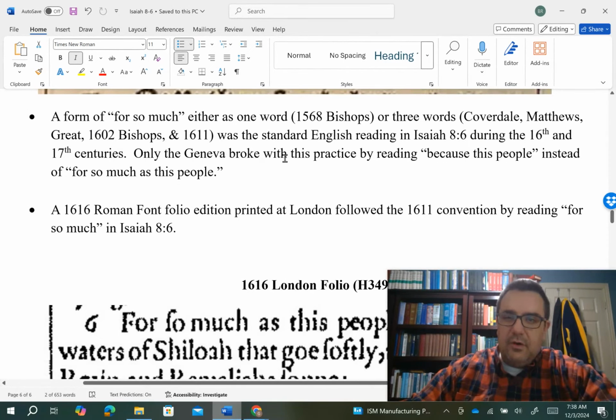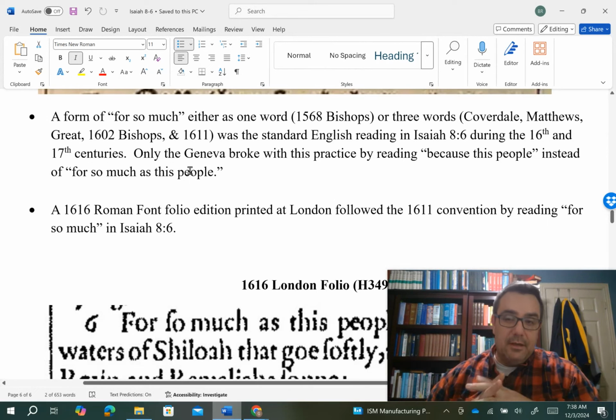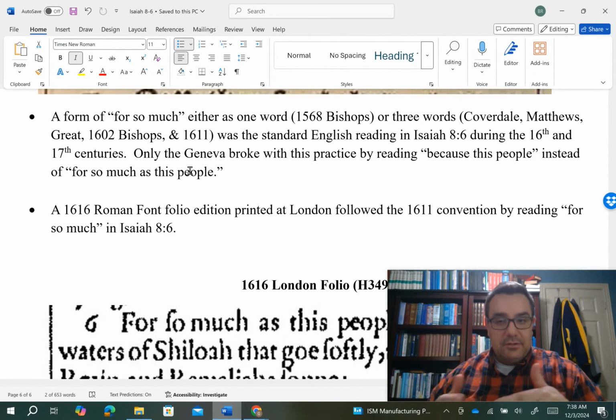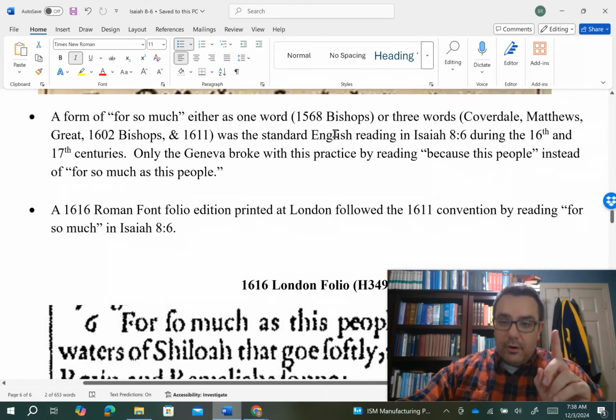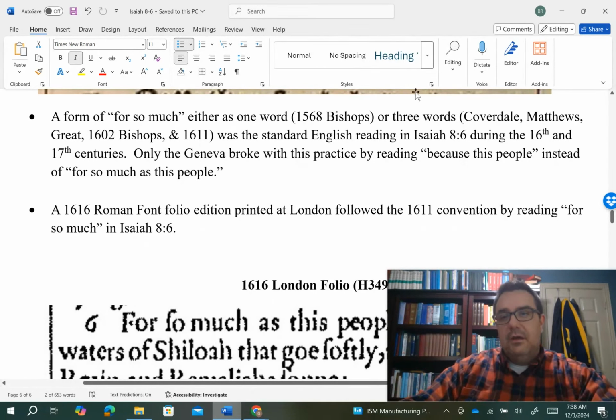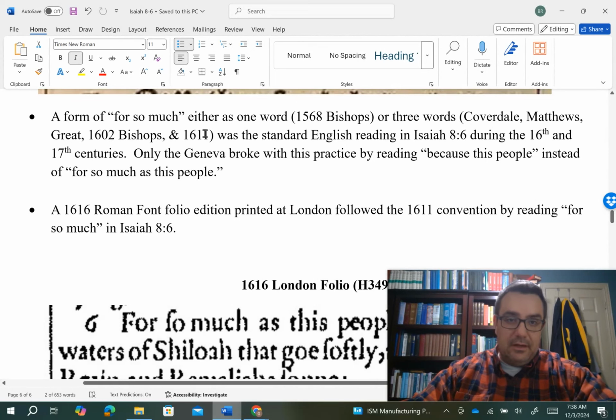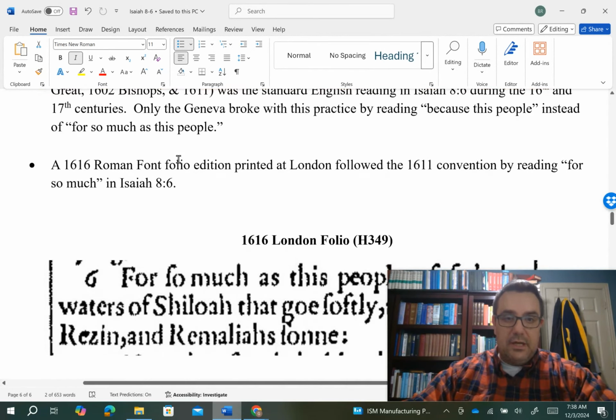Only the Geneva broke with this practice by reading because this people instead of for so much as this people or some form of that. Okay? So by the time you get to 1611, the preponderance of the evidence suggests that for so much, either as one word, as in the 1568 Bishops, or as three separate words, as in Coverdale, Matthews, Great, the 1602 Bishops, and the 1611, was the reading that people were familiar with in English at that point.